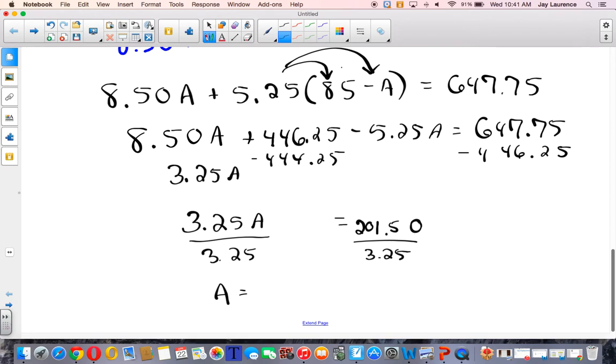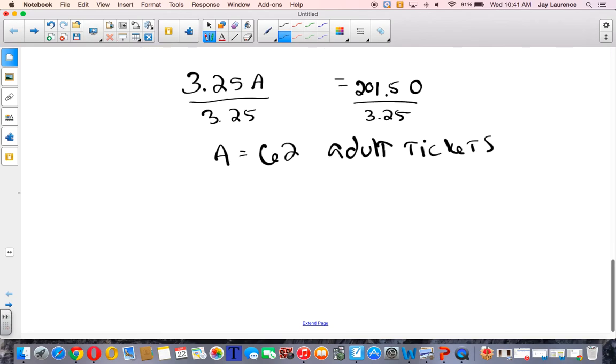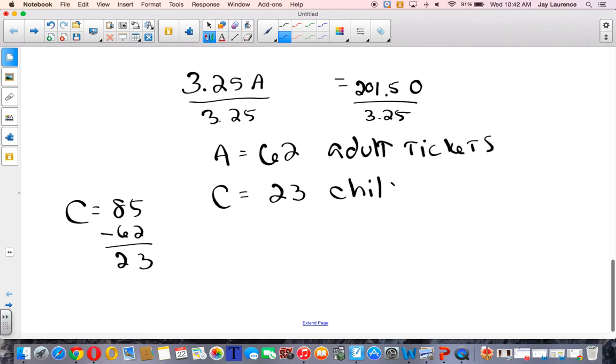So 201.5 divided by 3 1/4 ends up being 62 adult tickets. To figure out the number of children's tickets, I'll just subtract that from 85. Children's tickets will be 85 minus 62, which will end up being 23. So C will be 23 children's tickets.